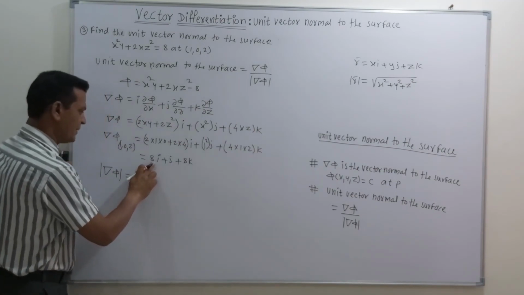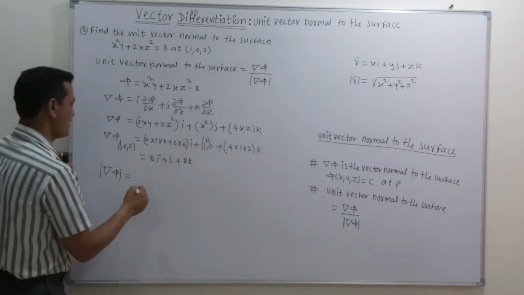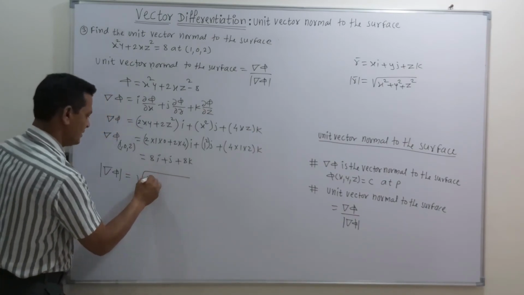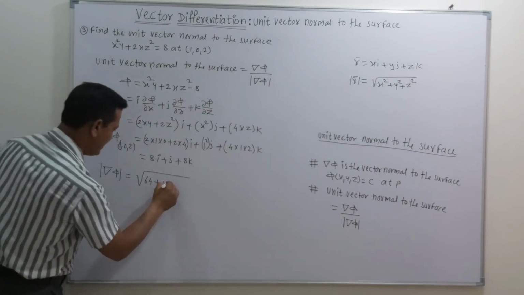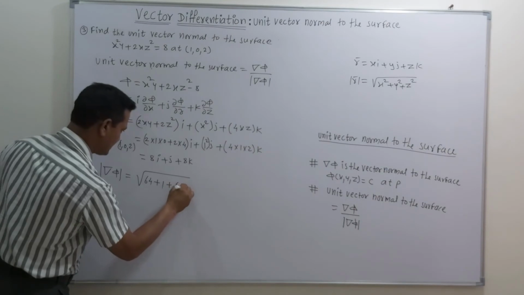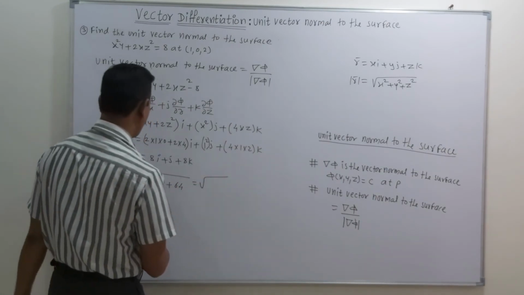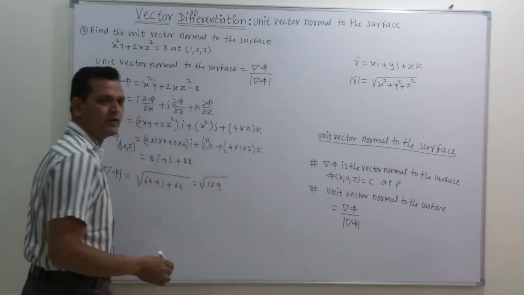So here the value of x is 8, y is 1, and again z is 8. So we find its magnitude as 8 square, which is 64, plus 1 square is 1, plus again 64. So we get 129, so root of 129.